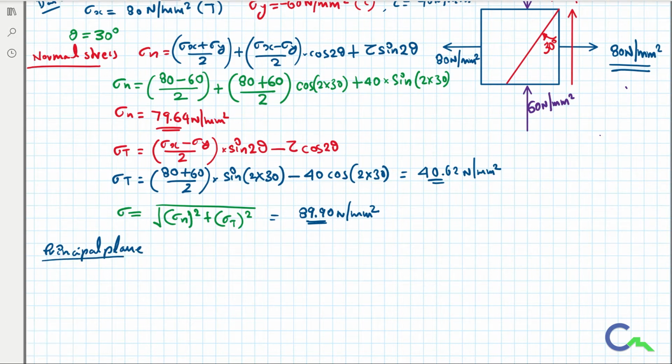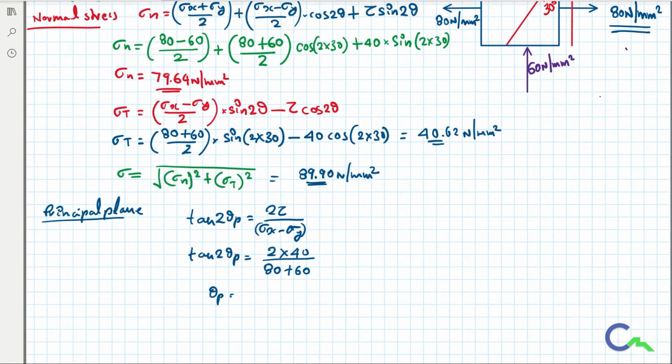To find principal plane, I can use tan 2 theta p is equal to 2 tau divided by sigma x minus sigma y. So therefore tan 2 theta p is equal to 2 into 40 divided by 80 minus of minus 60, that will be plus 60. Therefore theta p we are going to get 14.87 degrees.